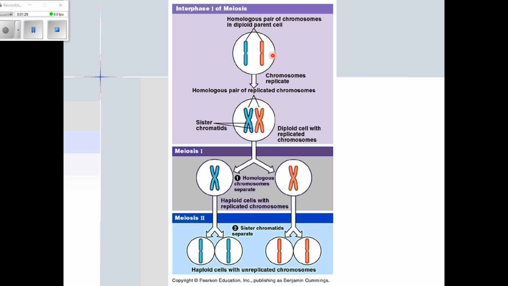Prior to meiosis, every chromosome will replicate during the S phase. Remember, G1, S, G2. So during S, the chromosomes will replicate so that each chromosome now will have 2 genetically identical sister chromatids. They start out genetically identical. They do not end up that way, as you will see.